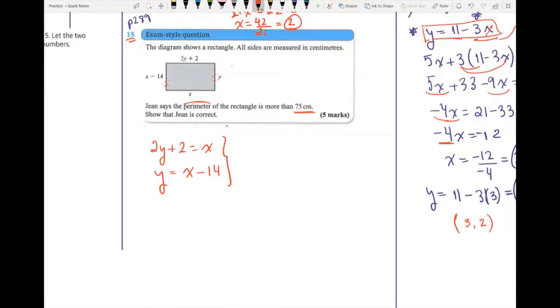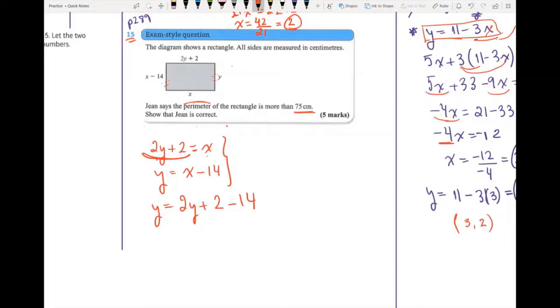So I'm going to choose x equals this, which is in terms of y, and replace it instead of x. So y is equal to 2y plus 2 minus 14.